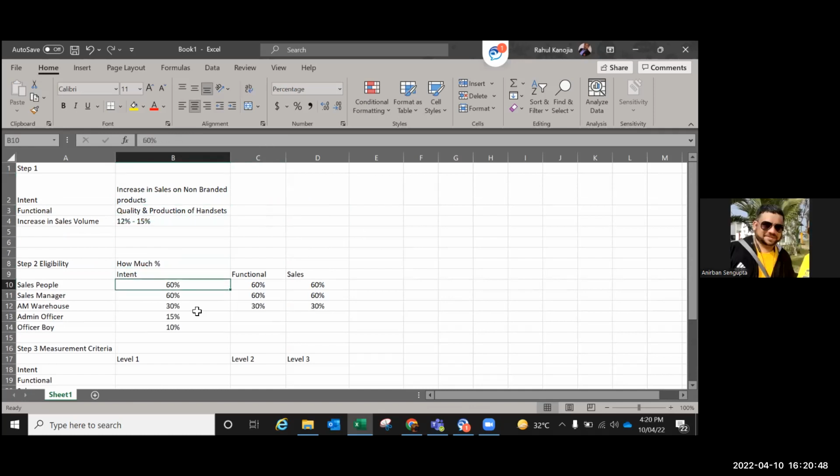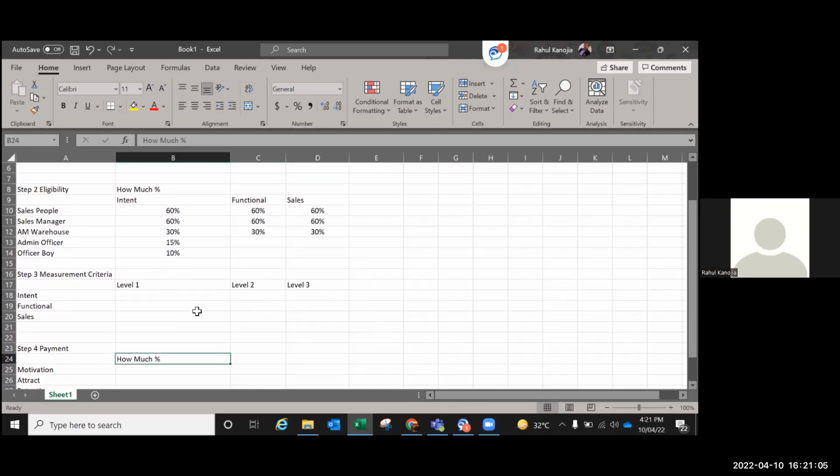Functional including sales. Quality. Increase market share. What can be the measurement criteria?